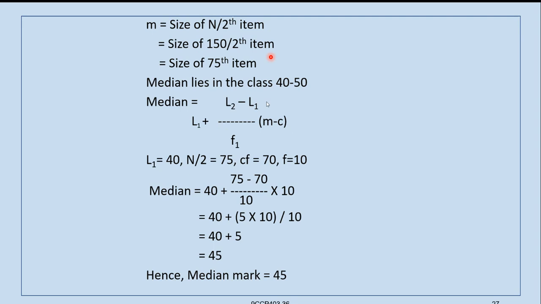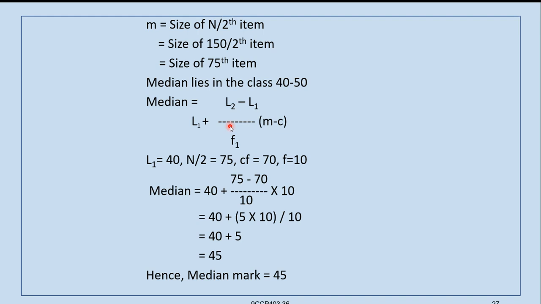Sorry, here the formula is differently given. I'm sorry for that. We will take the same formula that we have seen. So L1 is equal to 40, n by 2 is 75, Cf is equal to 70, and F is equal to 10. Sorry, only the formula is given wrong.